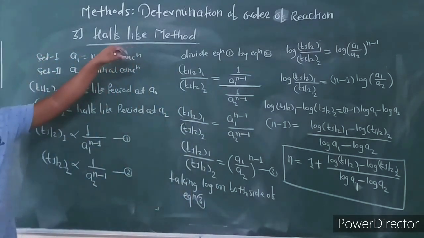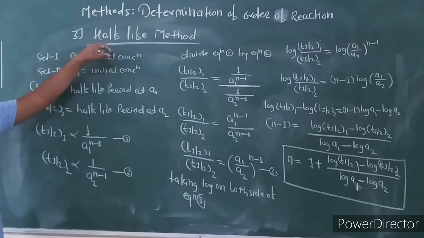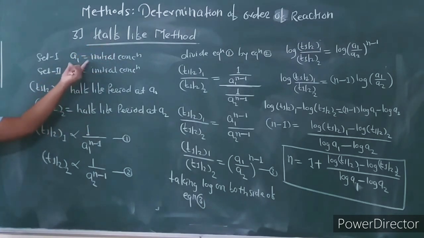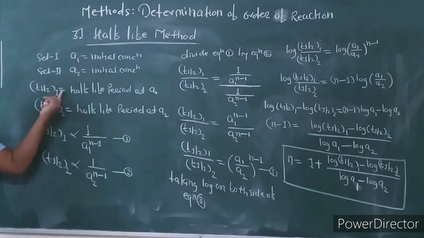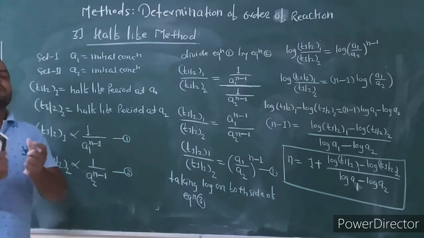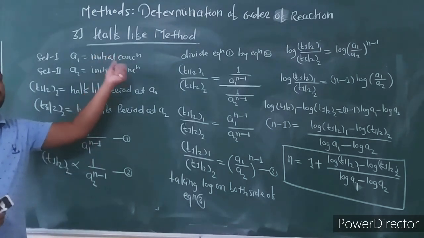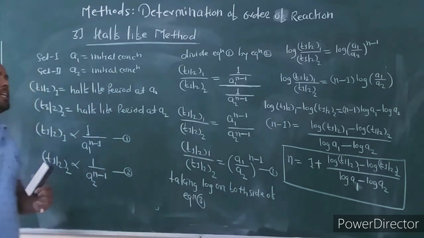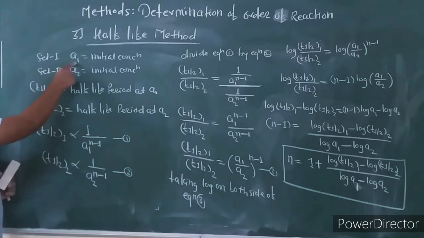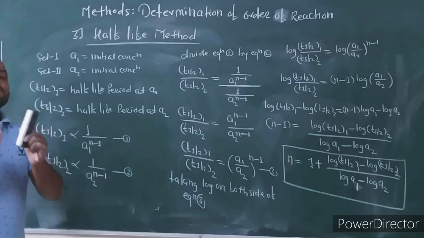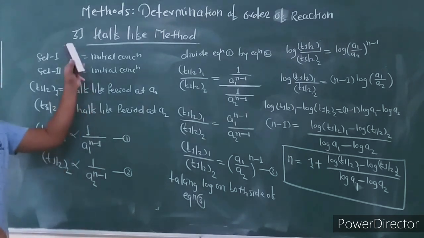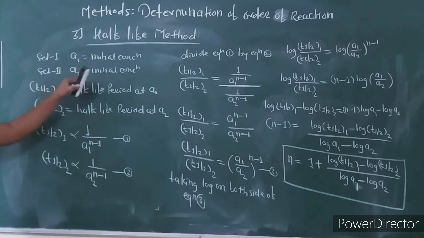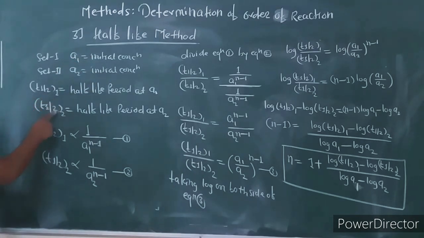To determine order of chemical reaction by the half-life method, the half-life periods are measured for a given reaction at different initial concentrations. The given reaction is performed in two experimental sets by taking two different initial concentrations A1 and A2 of the same reactant. At these two initial concentrations, we can measure the half-life periods T half 1 and T half 2.